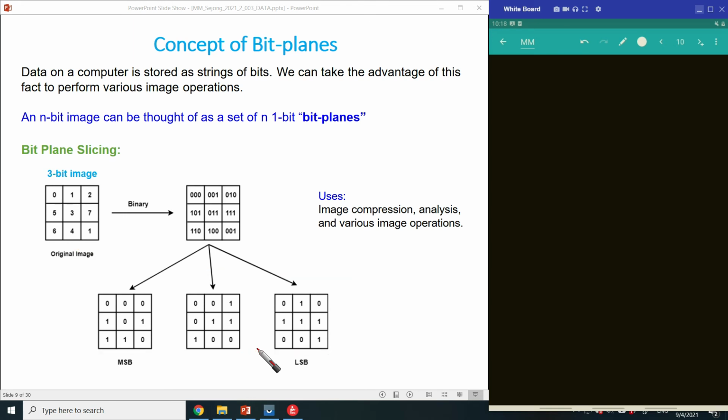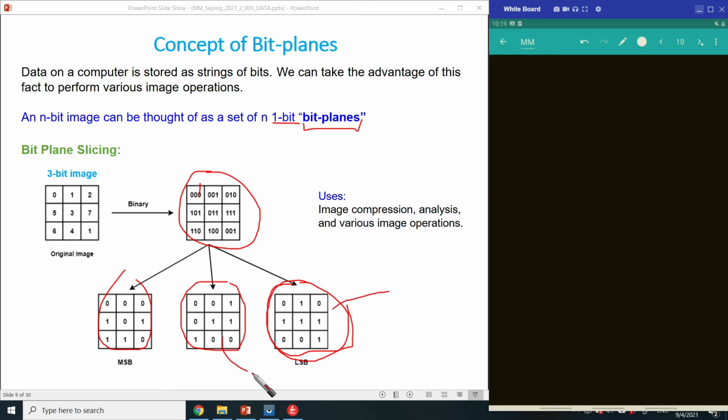Now each is a binary image, because at a time we are considering 1 bit from the original image. That's why we call these 1-bit bit planes, because each image represents one particular plane. This is the very first bit plane, this is the second bit plane, this is the third bit plane, or we can say this is bit plane 0, this is bit plane 1, this is bit plane 2, right?